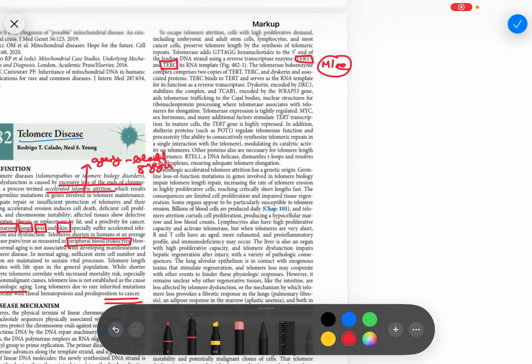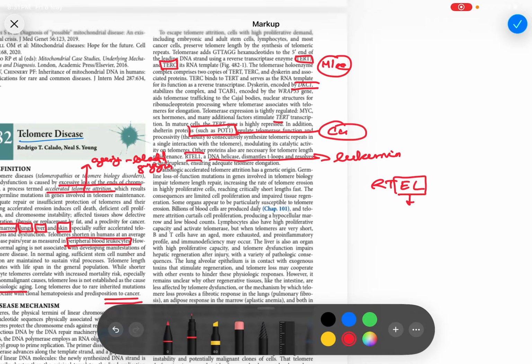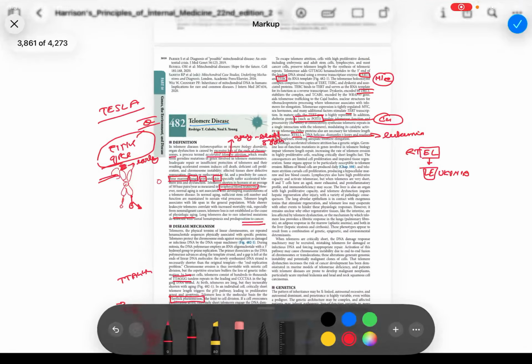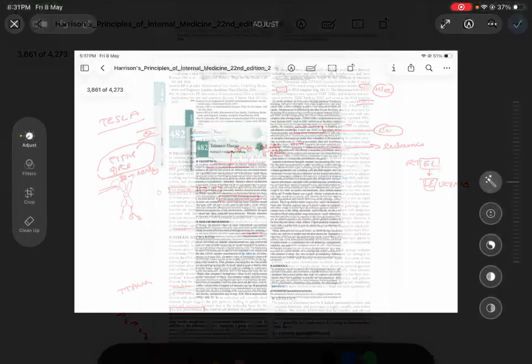DKC, there is POT associated with malignancy. RTEL is also associated with leukemia. So RTEL, just reverse this and make it LE, leukemia. Remember this, right?